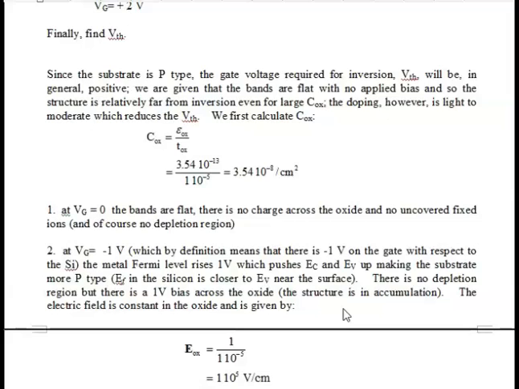This would be in accumulation. Now, it doesn't matter what the oxide thickness is. Put -1 volt for work function difference equal to 0, I'm in accumulation. I may not be as great in accumulation, or maybe less, depending on the work function difference, but certainly it's going to be accumulation.